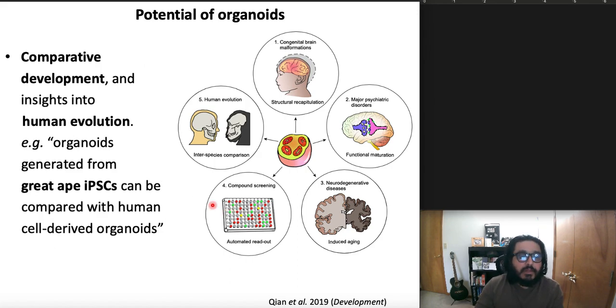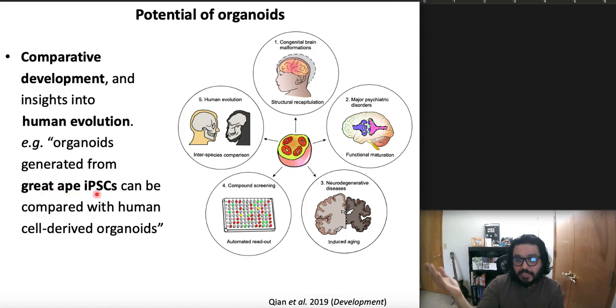Okay. And the last one I think is kind of interesting is thinking about evolution, because we can actually see a brain develop in real time essentially without having to do crazy intervention into embryos or uteri, and we can actually look at insights into human evolution. So the idea is to potentially take iPSCs from great apes, right?